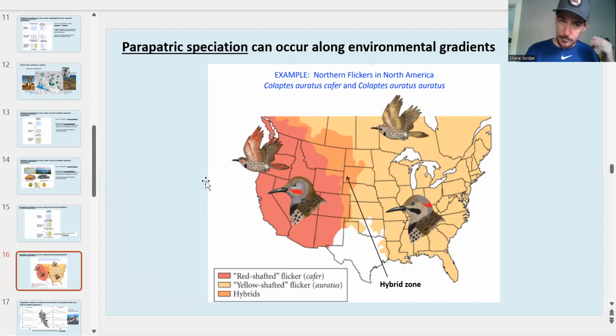But they're still distributed across this environmental gradient going from west to east, where the environment is changing tremendously in a whole multitude of different ways. And that's probably something that drove their speciation via the process of parapatry along this environmental gradient.